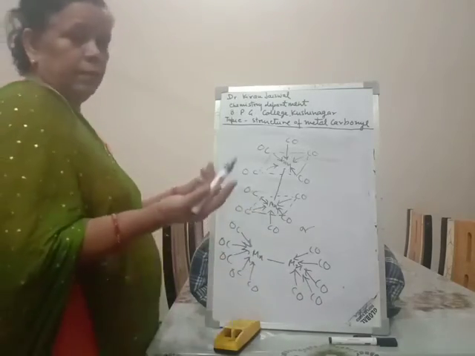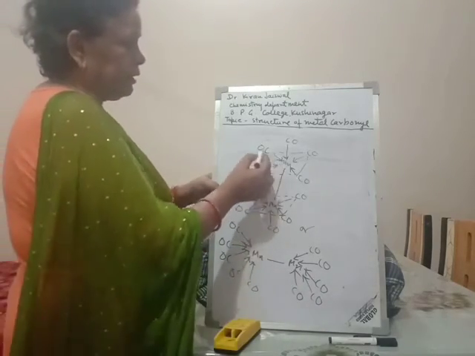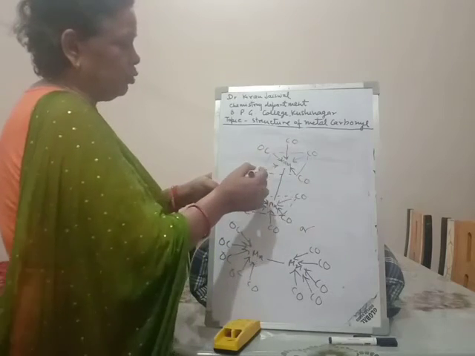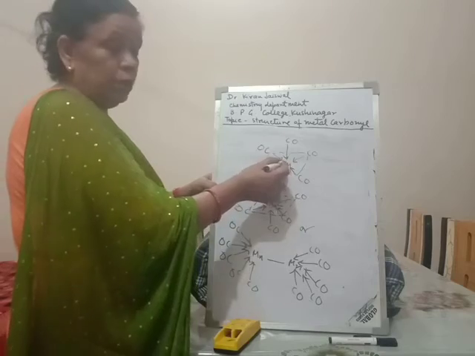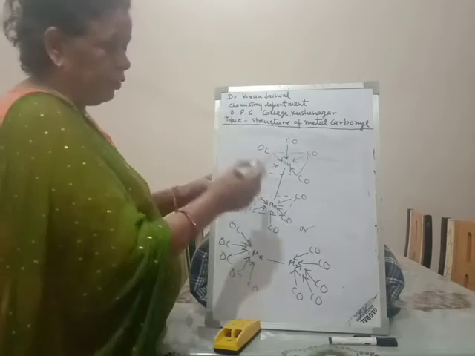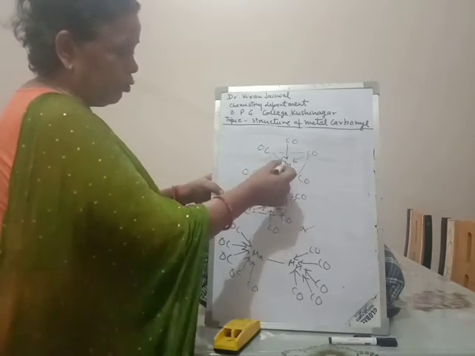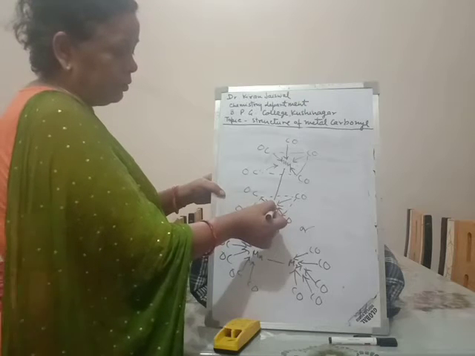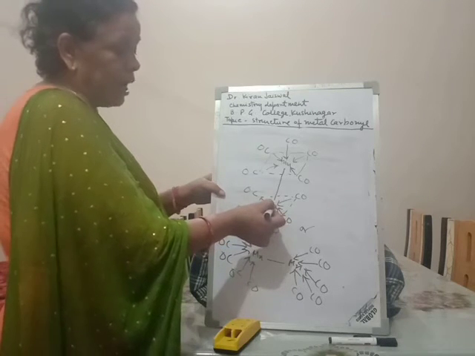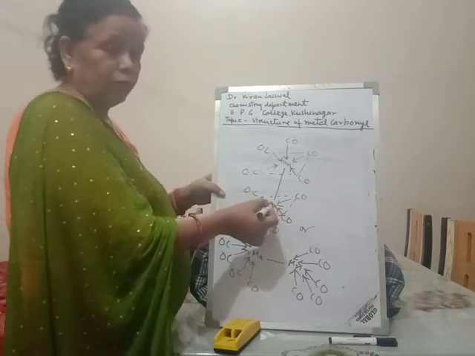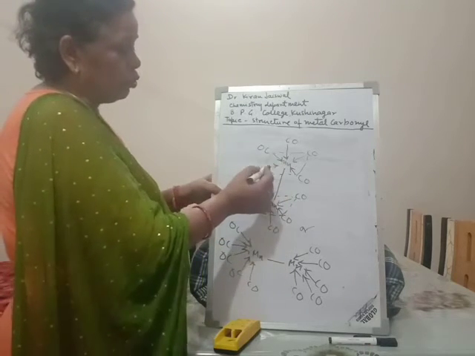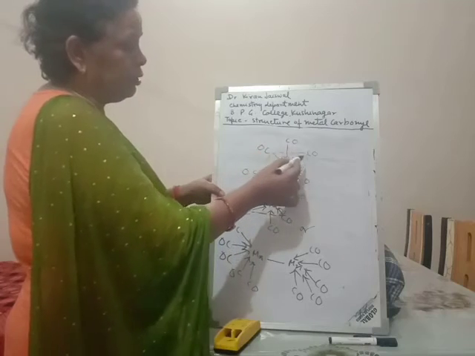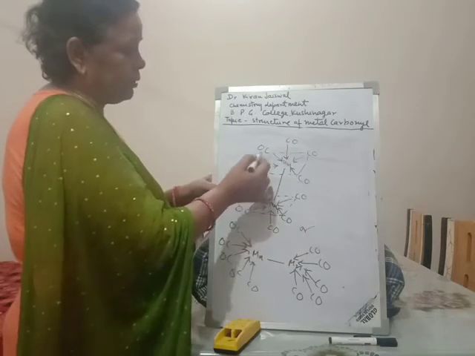So in this case, each manganese atom is surrounded by 5 CO groups, and one electron of the manganese atom, as shown in the figure, overlaps with the half-filled orbital of the other manganese atom and forms the bond. So each manganese atom is surrounded by 6 orbitals.